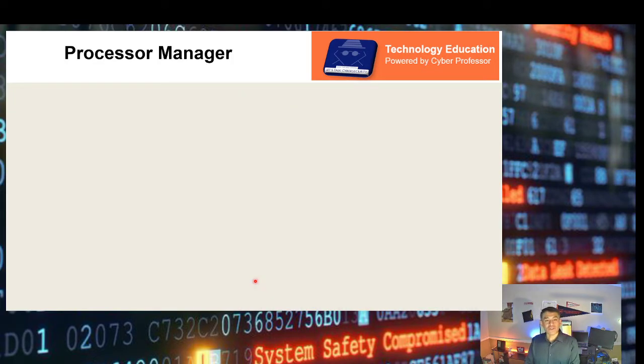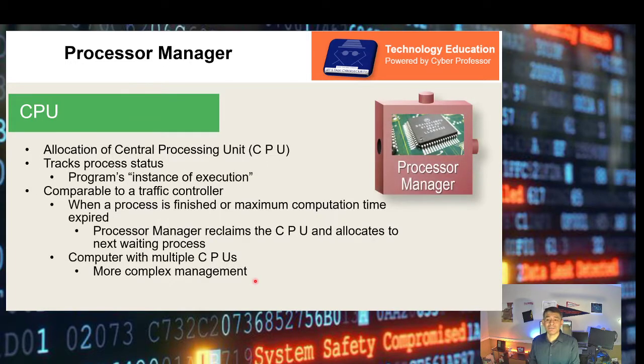So the processor manager again is a component of the operating system that manages the CPU. It is responsible for the allocation of the central processing unit, and it tracks process status and programs' instances of execution. It is comparable to a traffic controller.